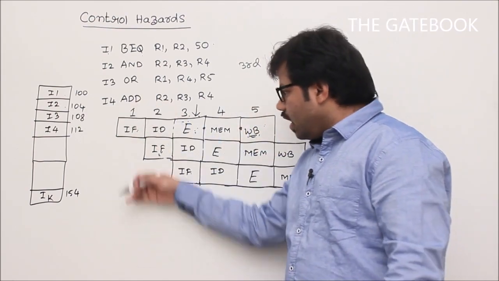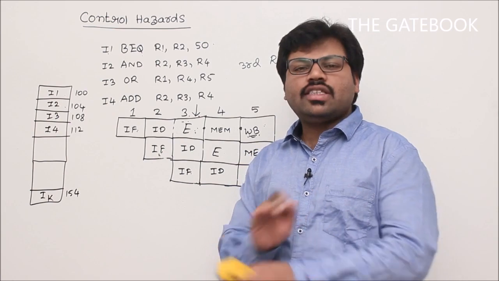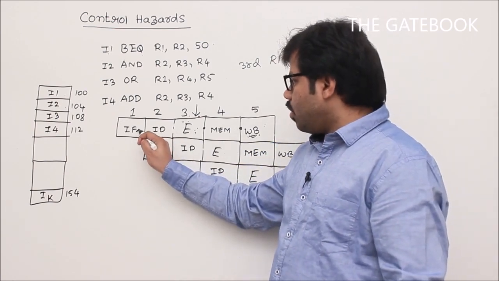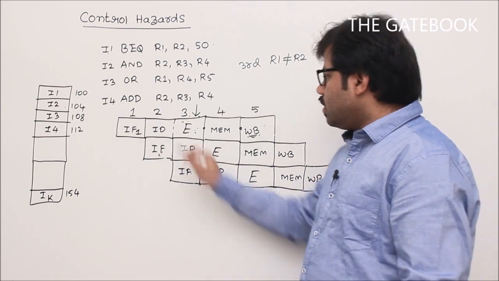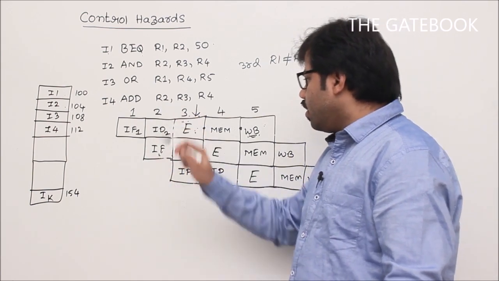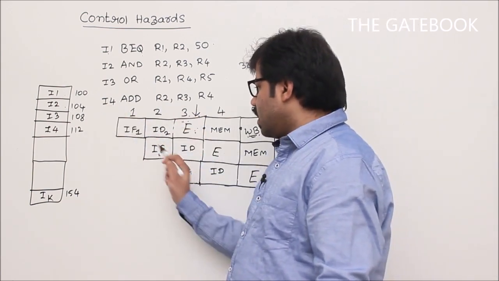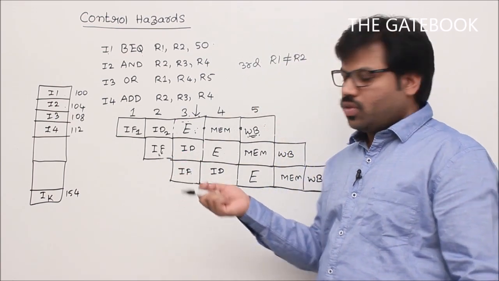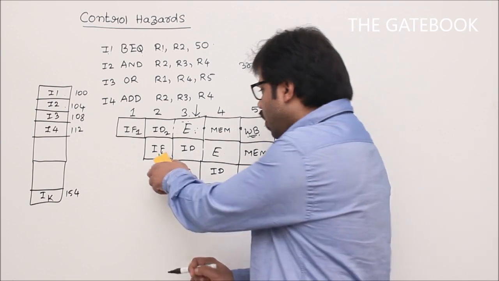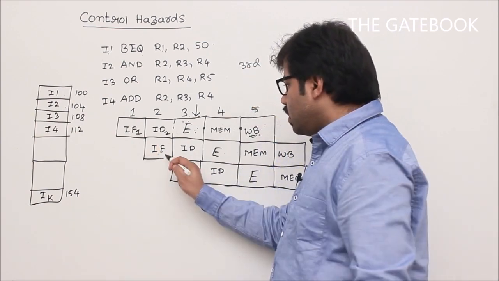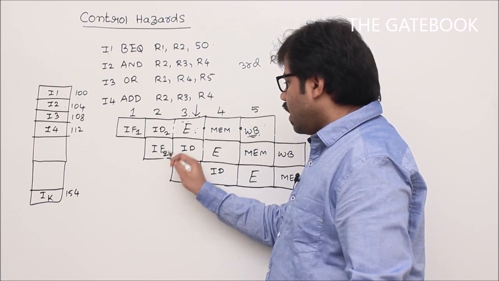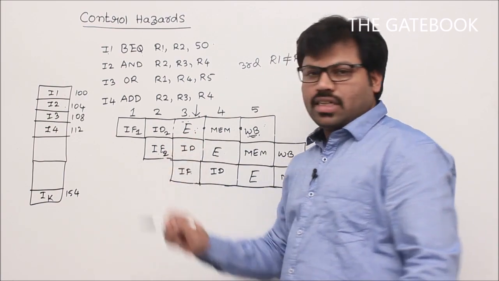Then the regular pipelining model which you are following is absolutely right. Why? I will tell you. First of all, let's fetch instruction number 1. Now in the second clock cycle, decode it and fetch the next instruction, because when you are fetching here, the program counter's value is 104. So the instruction fetch here will be fetching the second instruction, IF2. IF2 means the second instruction.